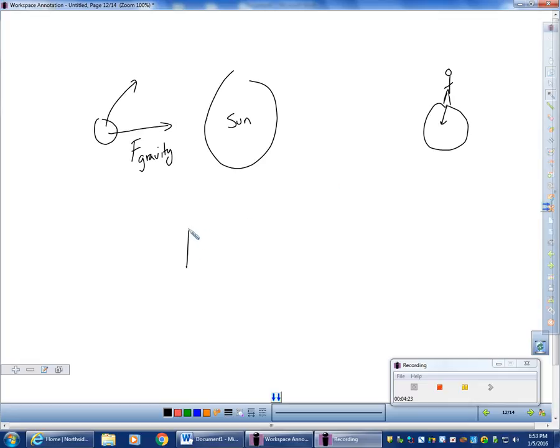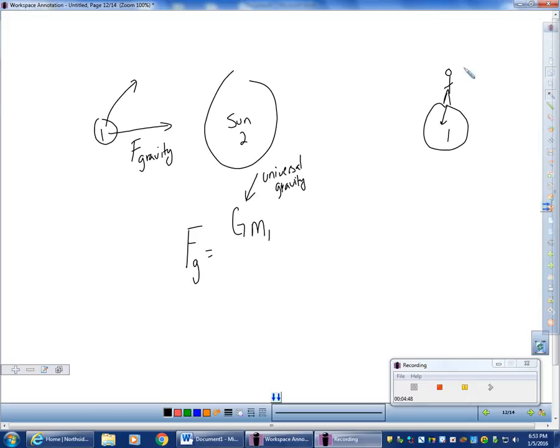So our universal gravity equation is going to be the universal constant, which is just a value that we use to make the equation work for every mass that we've ever come into, times two masses. One mass would represent the Earth and the other the sun, or the Earth and you.